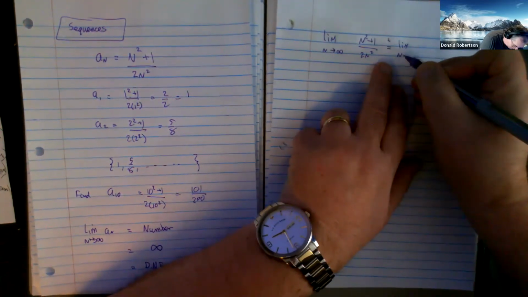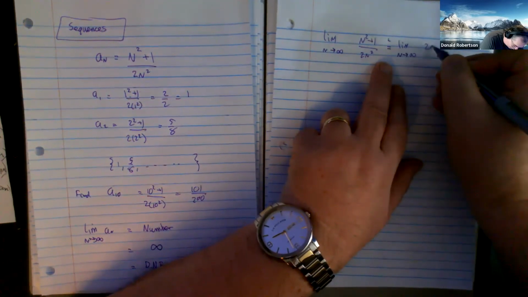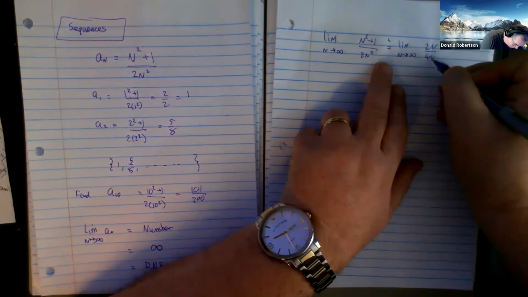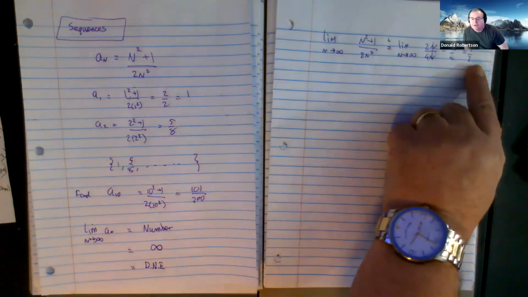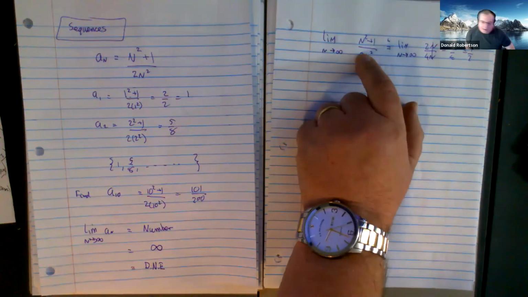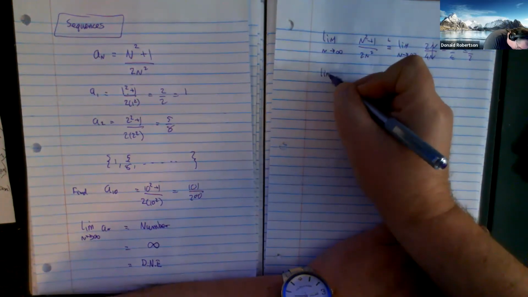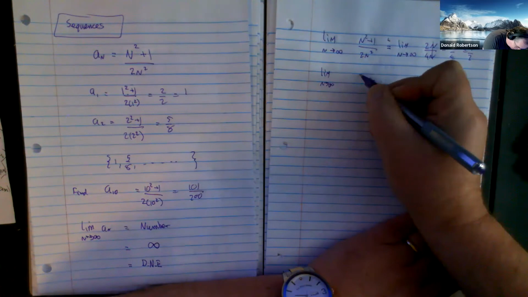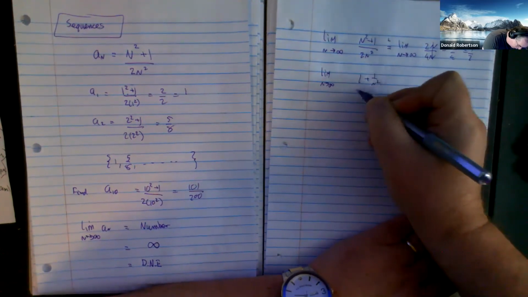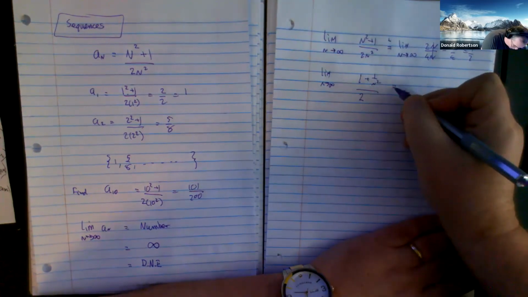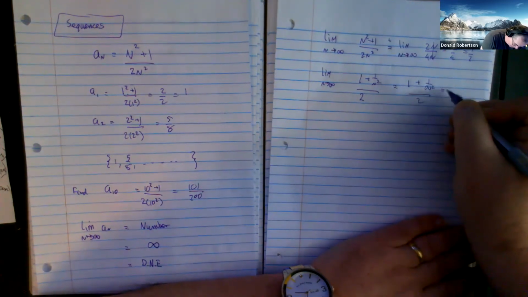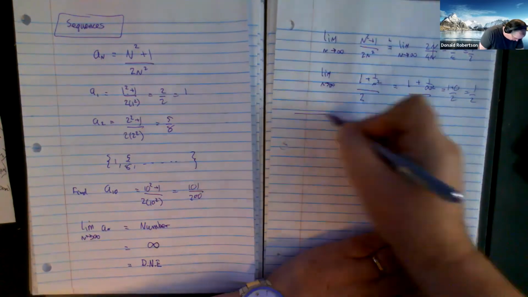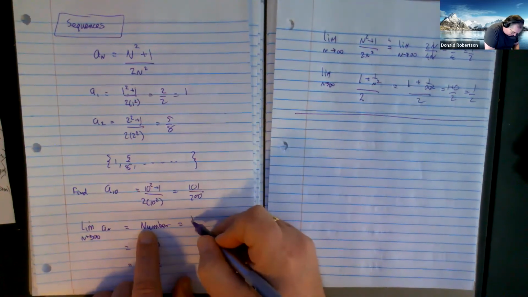You would get the limit as n tends to infinity of 2n over 4n, which cancels down to a half. If you divide the top and bottom by n squared, which is equally valid, you'd get 1 plus 1 over n squared, over 2. You then do brute force. 1 over infinity is 0, and so you get a half.